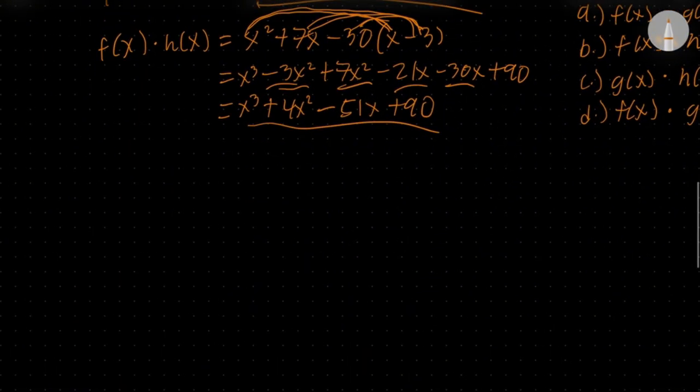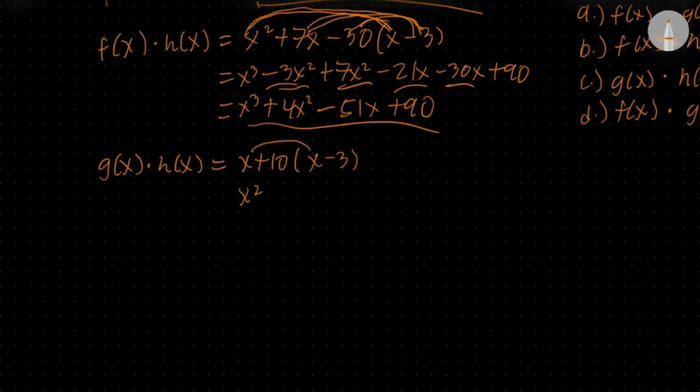Now let us proceed to letter C. G of x multiplied to h of x. G of x is x plus 10 and h of x is x minus 3. X times x is x squared.